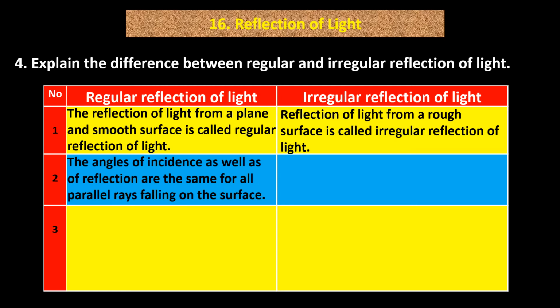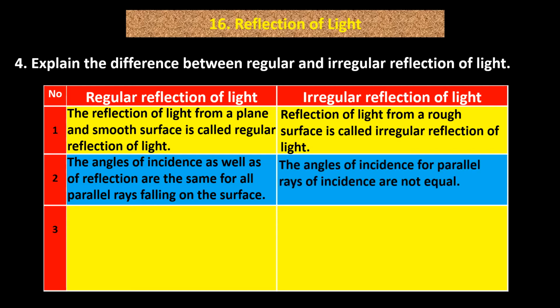2. The angles of incidence as well as of reflection are the same for all parallel rays falling on the surface. The angles of incidence of parallel rays of incidence are not equal. 3.